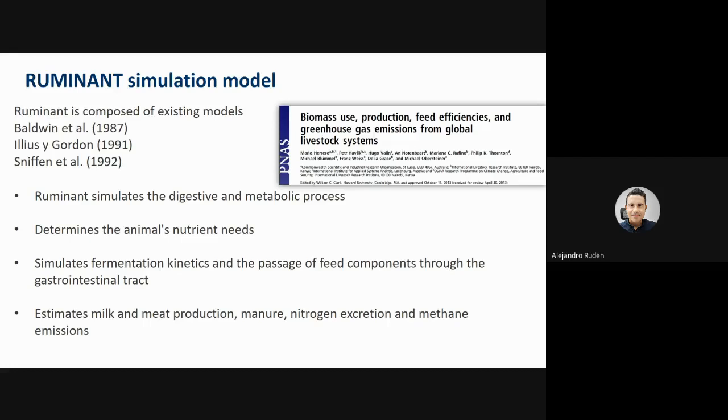It determines the animal's nutrient needs and simulates the fermentation kinetics and the passage of feed components through the gastrointestinal tract. It also estimates milk and meat production, manure, nitrogen excretions, and methane emissions.